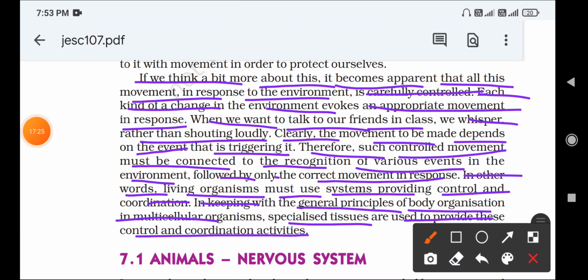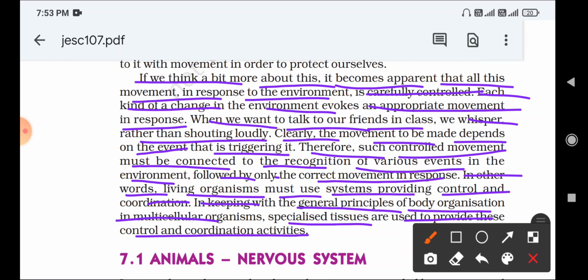So mainly in this chapter we are discussing how life processes work. In the last chapter, on life processes, we studied the major parts of life processes and how they are essential to any living organism.